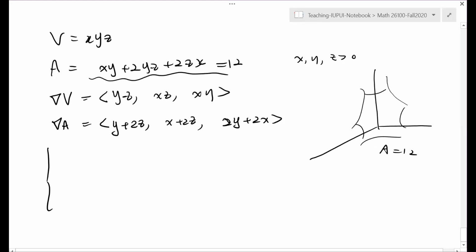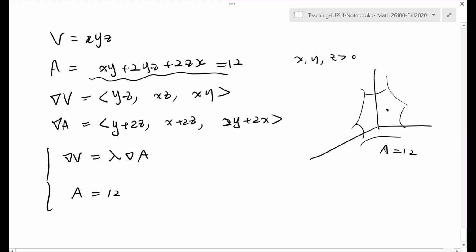If the function has a maximum value somewhere, then at that point the gradient of v must be equal to lambda times the gradient of A, and A is going to be 12.